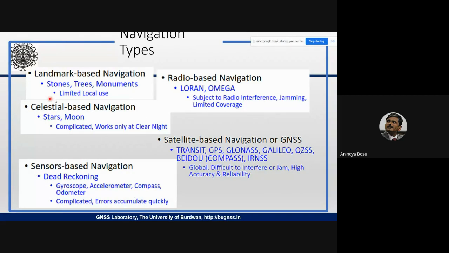Here, all the problems have been given. And then radio-based navigation, radar, LORAN, Omega, subject to radio interference, jamming, and they had limited coverage. That's the important thing. They have limited coverage. From the LORAN station, only maybe some 500 kilometers or 1,000 kilometers could be covered, not the whole region through which the ship is passing.